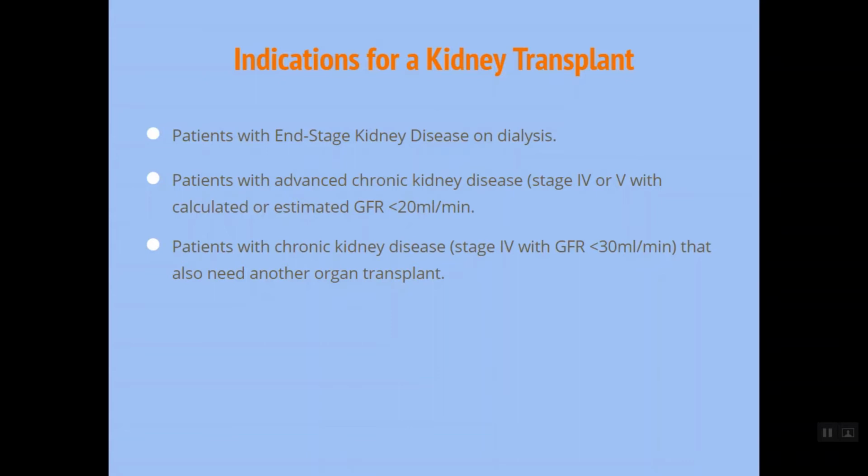Patients with chronic kidney disease who are stage 4 with glomerular filtrations of less than 30 mLs per minute that also need another organ transplant will have indications for a kidney transplant. So we're going to see this in our liver transplant recipients or patients who are receiving a kidney-pancreas transplantation.